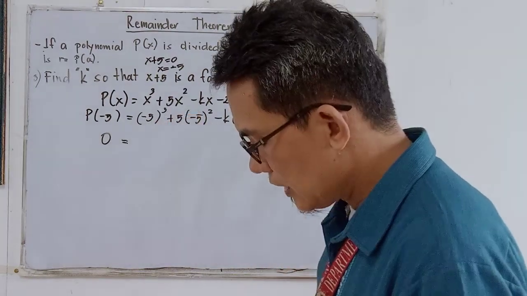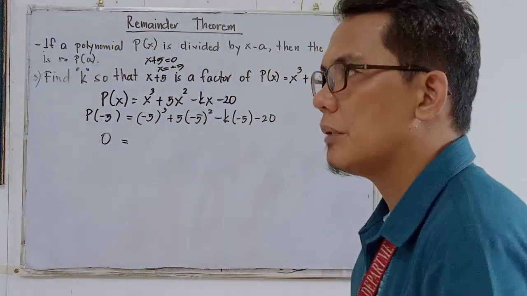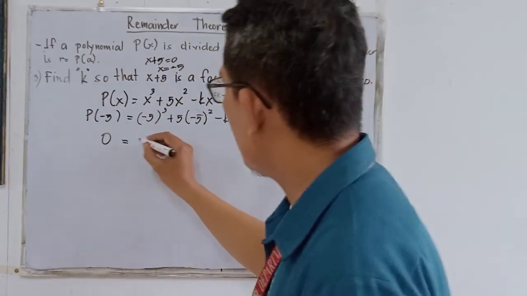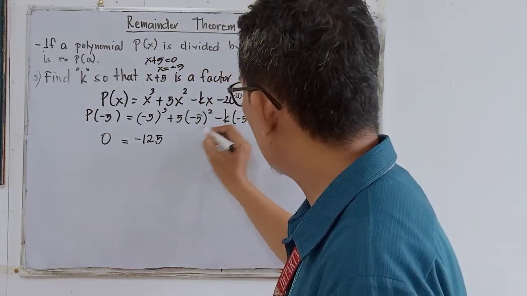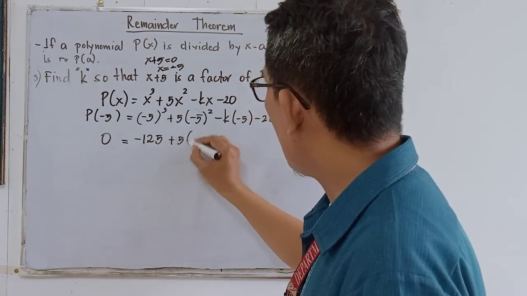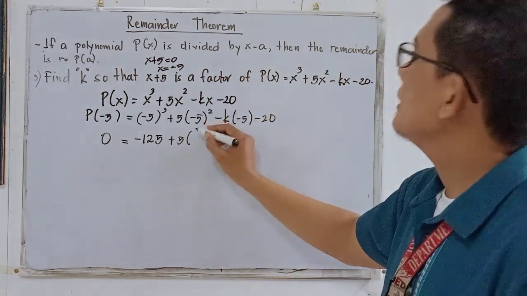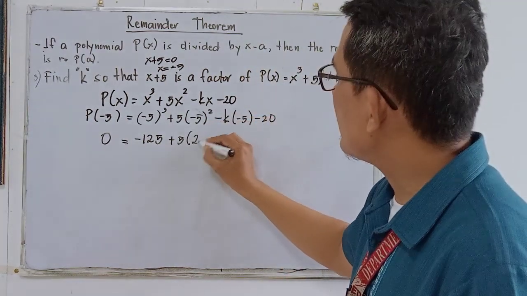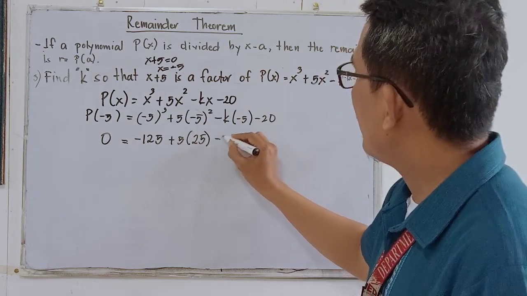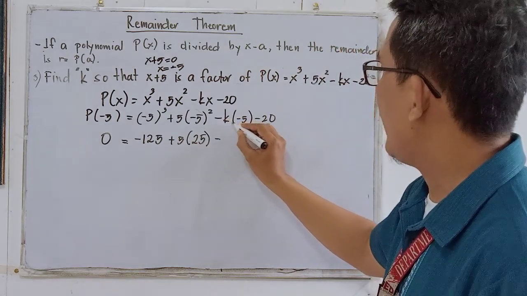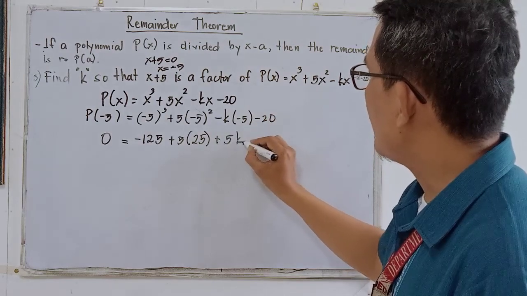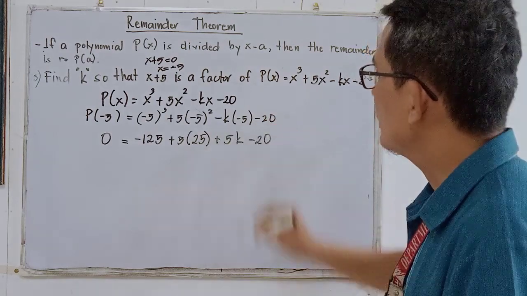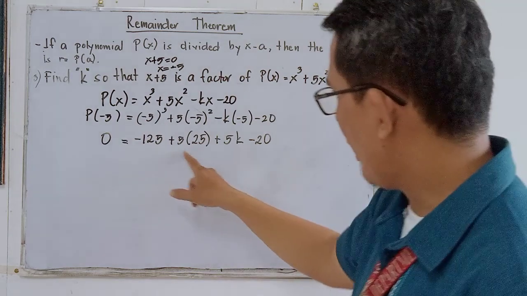Then we simplify this one. Negative 5 times negative 5 times negative 5 is negative 125. Then plus 5 times negative 5 times negative 5 is positive 25, minus, so this negative k times negative 5 is positive 5k. Then we copy negative 20. Then we simplify this one.